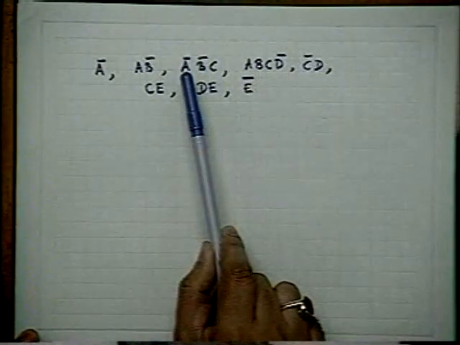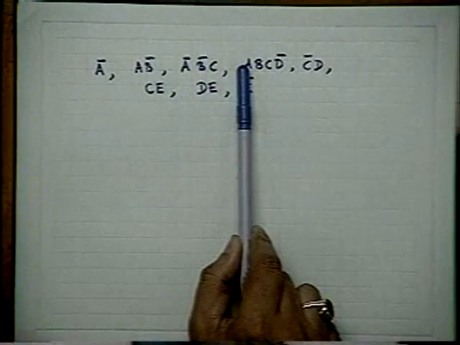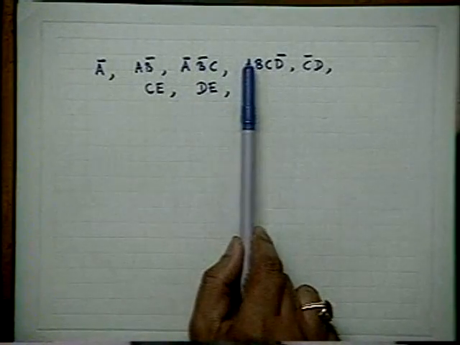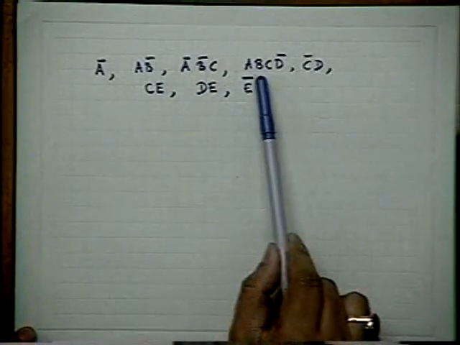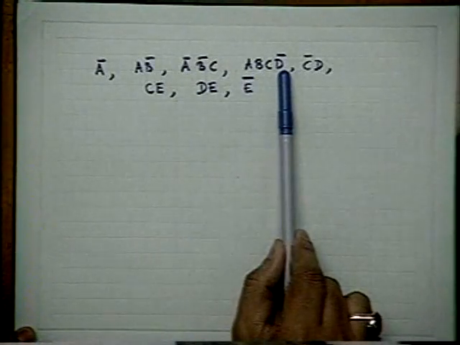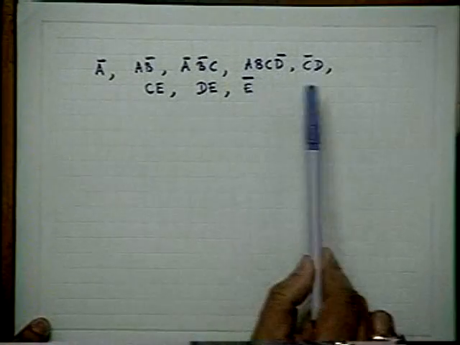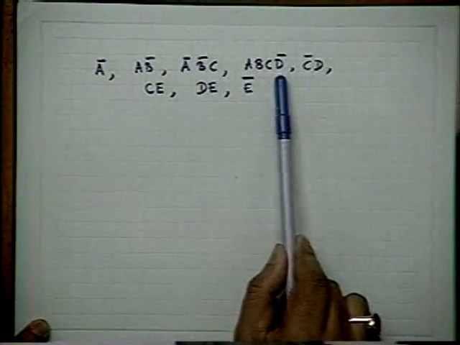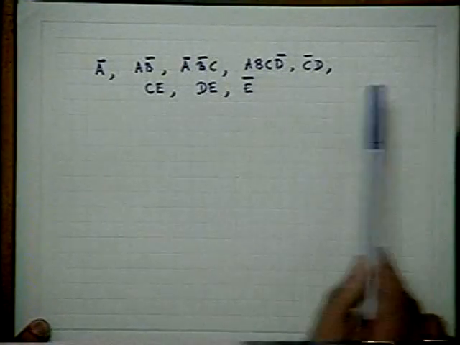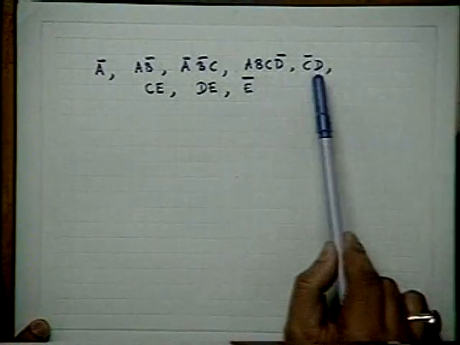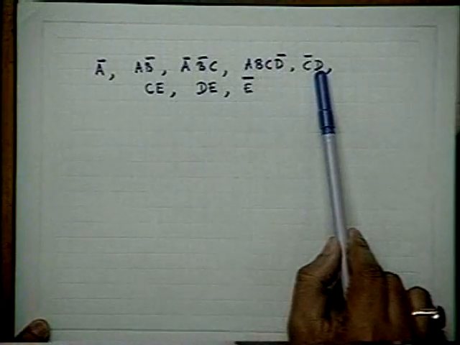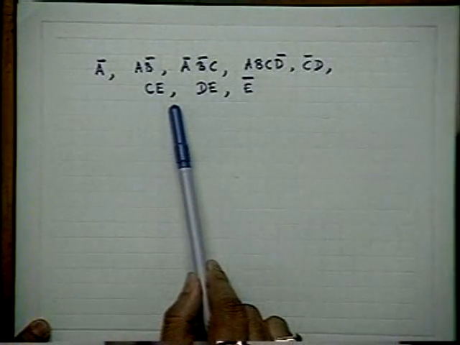But suppose there was some A B bar C, which one would have come first? That one would have come first, because A is there. Here A complement is a single term, no problem. Then A B C D, only one term, no problem. Then I find that there is another term not involving AB, but CD is there. It gets second priority. Then I am trying to find A, B, C, D, E.